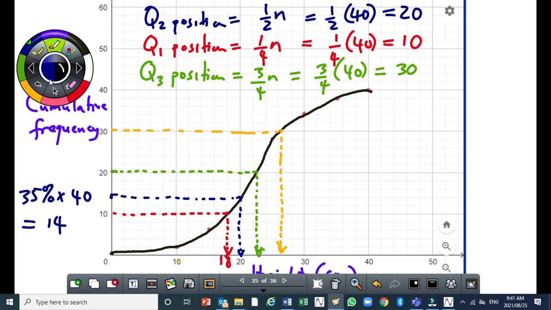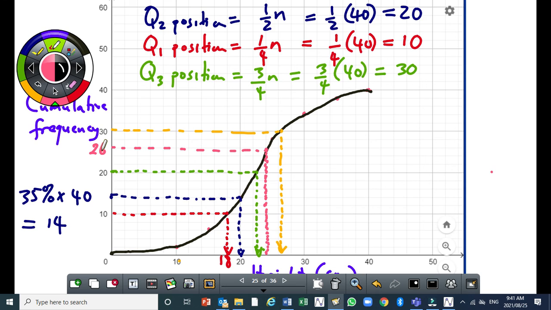So 24 centimeters is here. You start from the x-axis, go up until this point, then you locate the number. The number is here, and that will be 26.